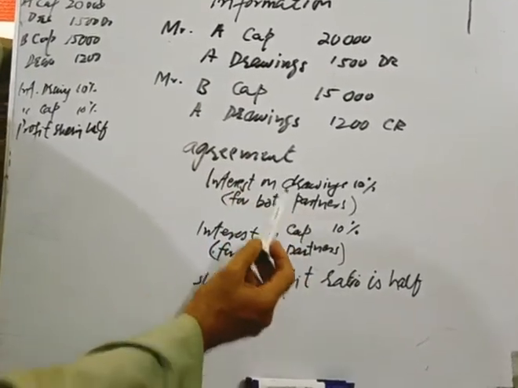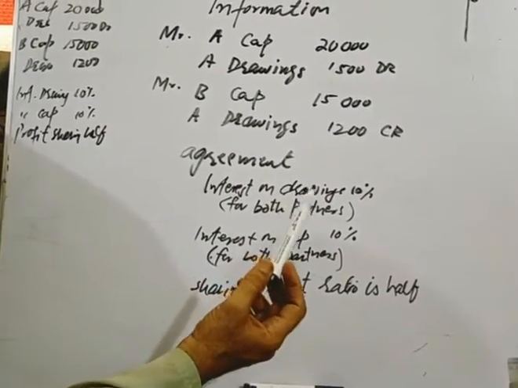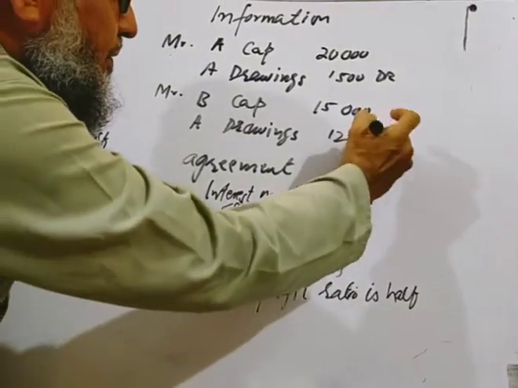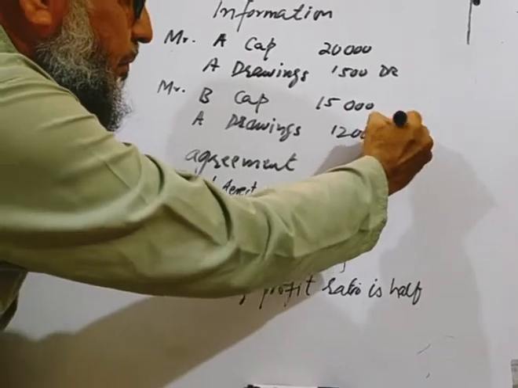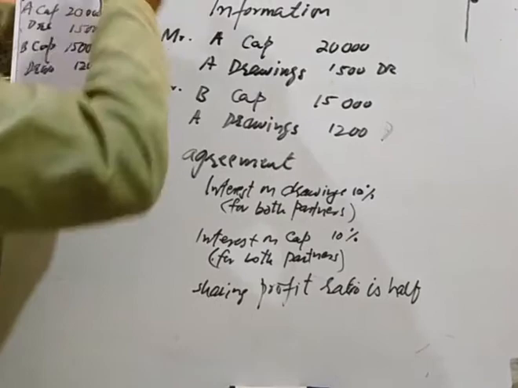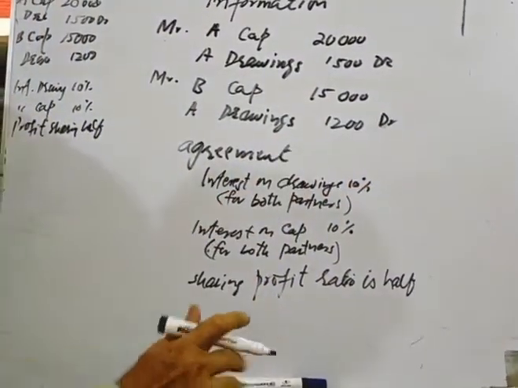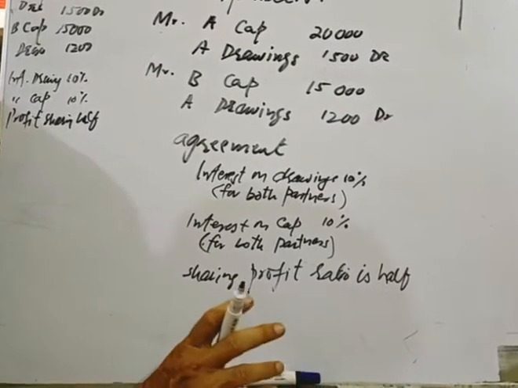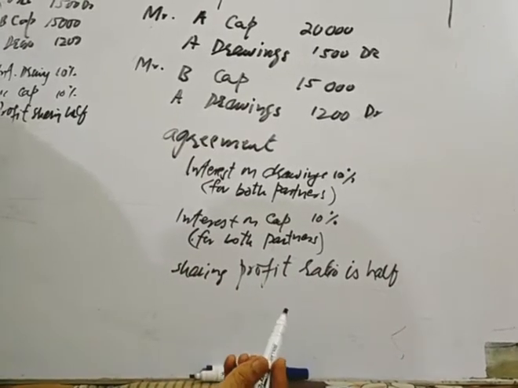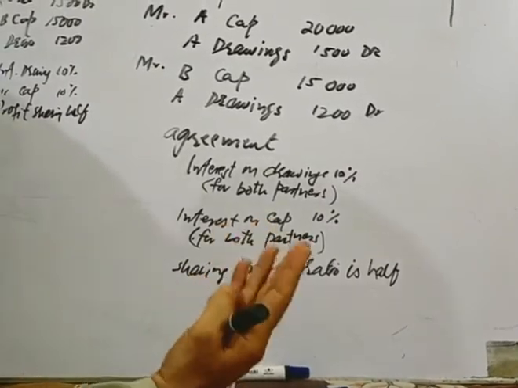And Mr. B's capital is 15,000 and he has taken 1200 as his drawings. And there is no current account available. It can be business first year, so there is no current account, right? Sorry, there is no current balance.